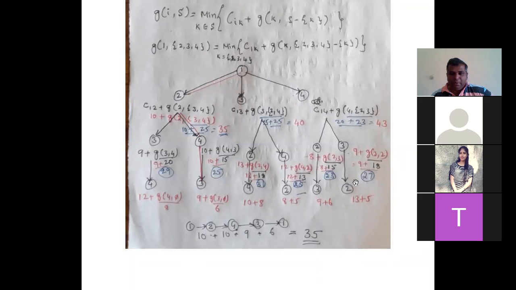So minimum of these two, 23 and 27, the minimum is 23. We have to take 23 for G of 4 comma 2, 3. 23 plus 20, 43 you will get.